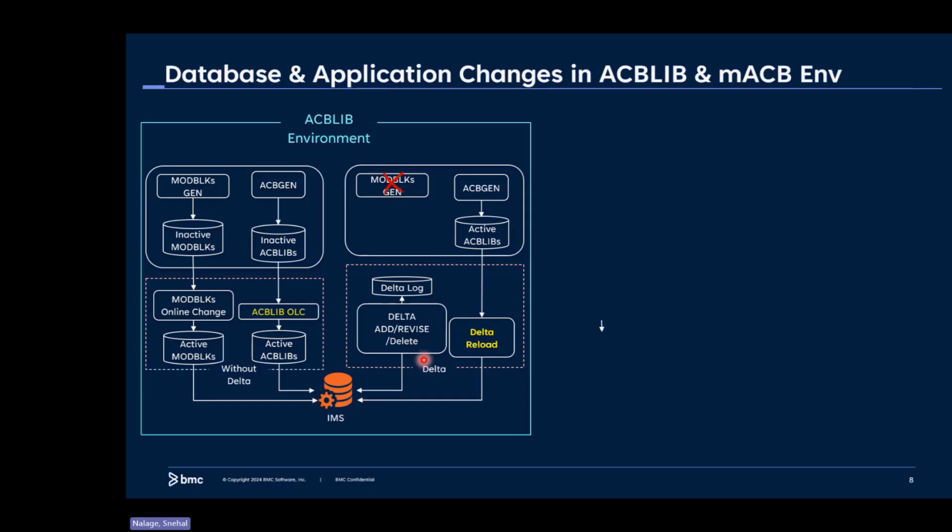And we also store them in the Delta log to be able to reapply them when we cold start the IMS. For making the changes to the runtime control blocks, we have the request called Delta reload. For Delta reload, it is expected to have the changed control blocks in the active ACB lib before executing the reload request.